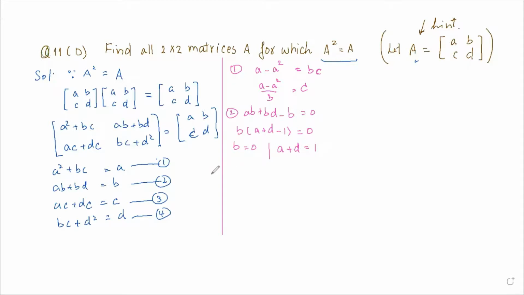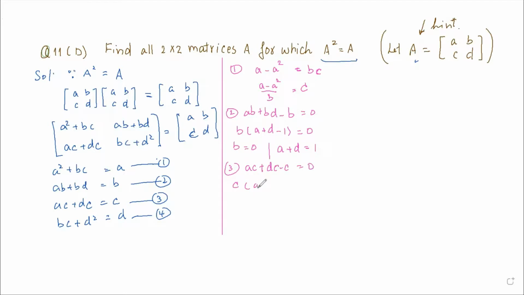Okay. After that, see equation 3, what we can do. In equation 3, also move C to this side because I see the common factor C, right? So it becomes AC plus DC minus C. So I have AC plus DC minus C equal to 0. Then I get common factor C, right?